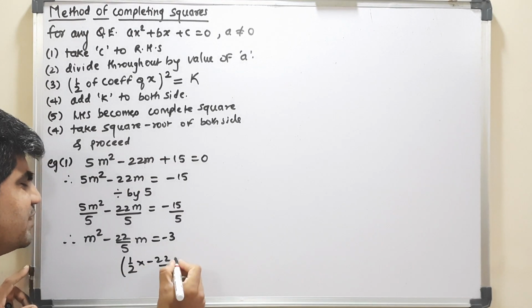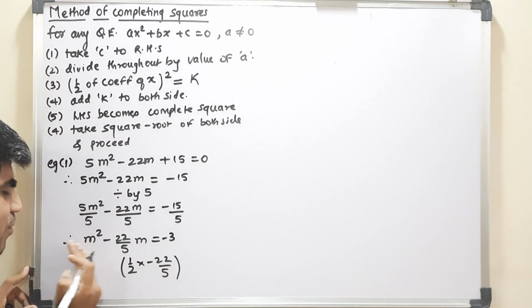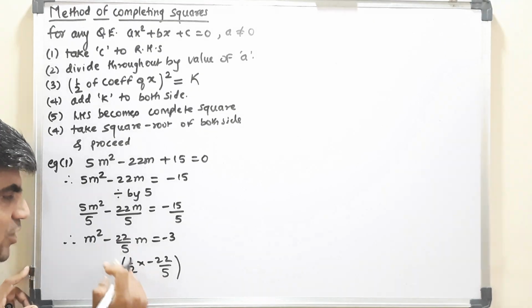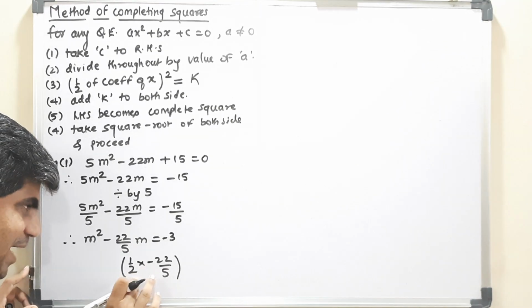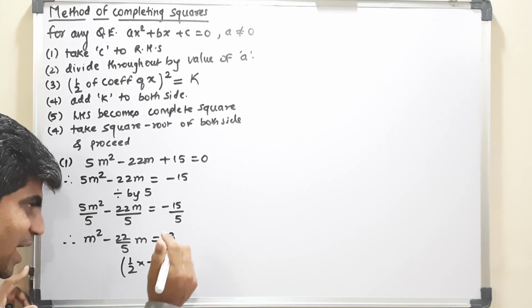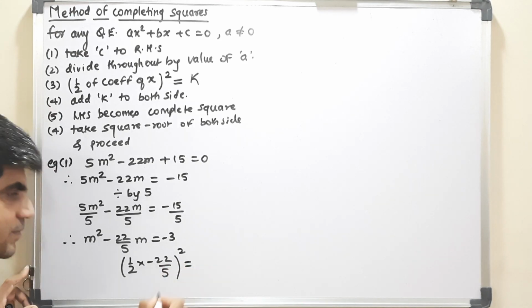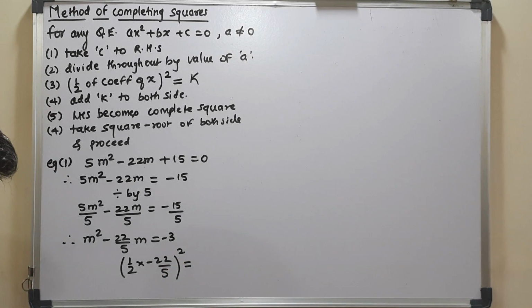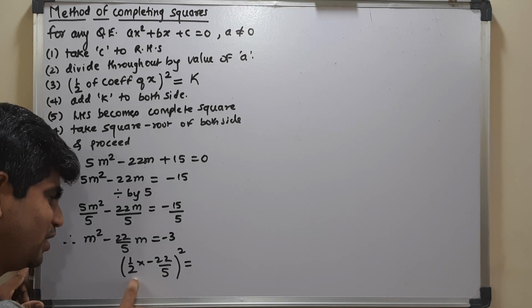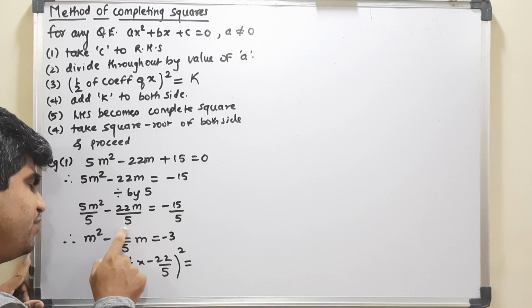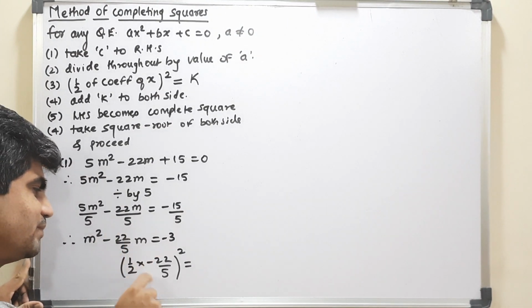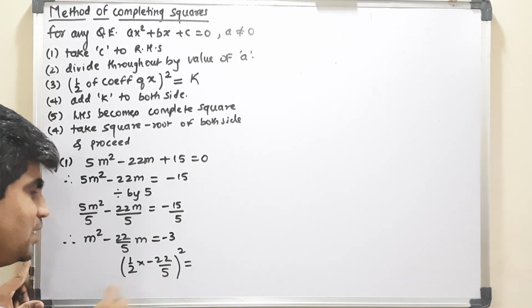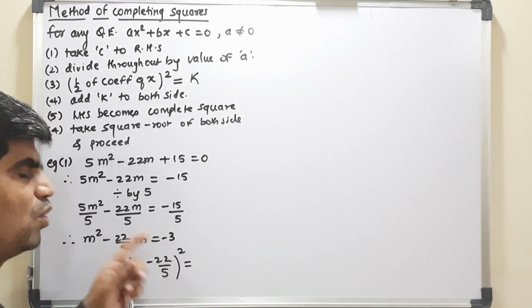See, how did I write? I wrote it away from this m square so that I can understand that this is not the step. I made half of the coefficient, and square of it. Once again, half into coefficient of x, minus 22 by 5, is equal to whole square.